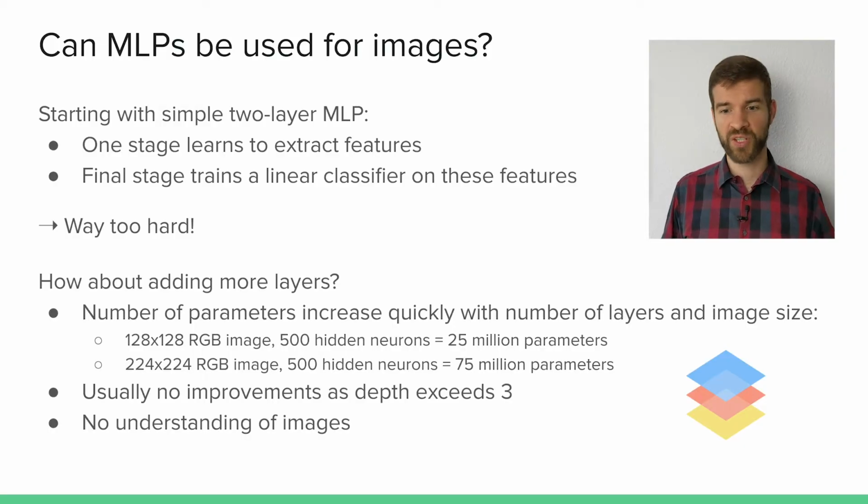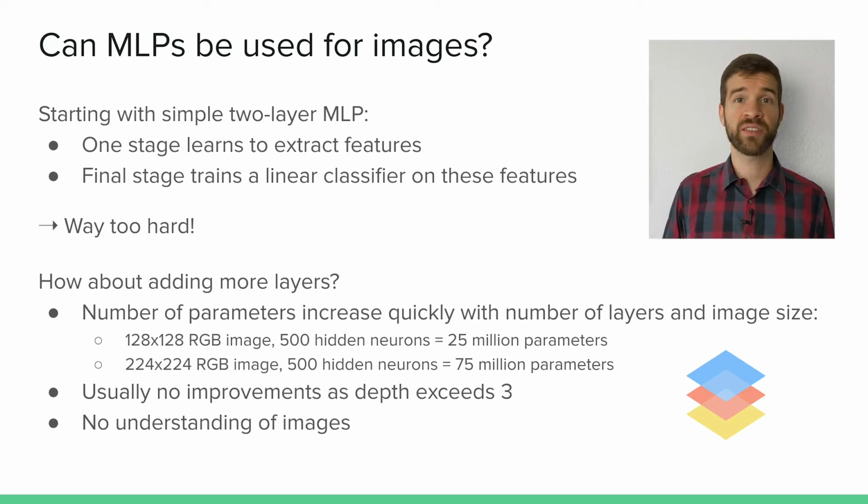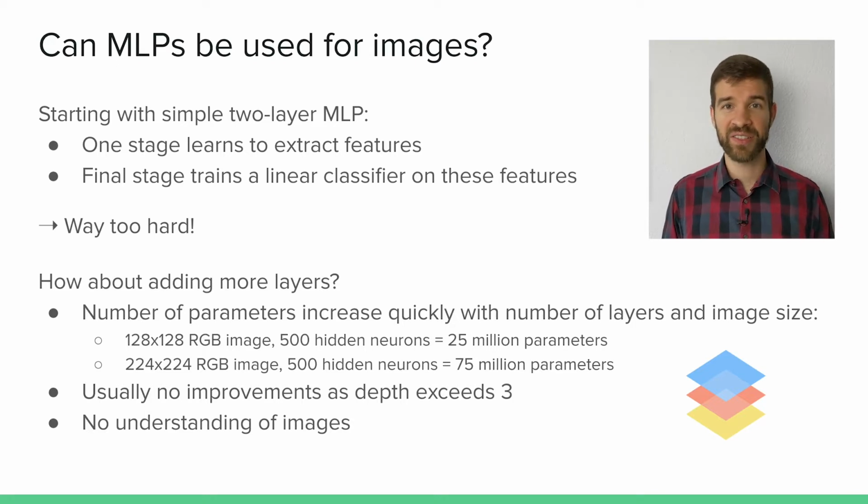If we have just a small 128 by 128 RGB image, which has 3 layers for red, green, and blue, and just 500 hidden neurons, and they're all connected to each other, we've already 25 million parameters. And this scales exponentially, as you can see here.